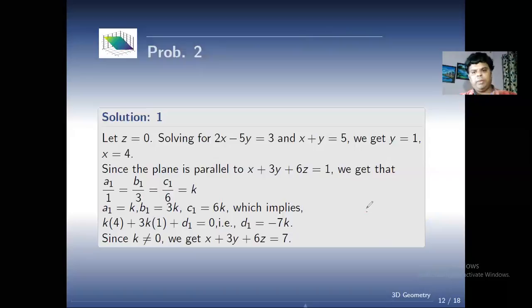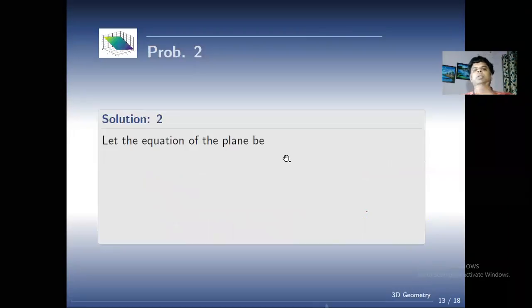Let's look at another way to do the same problem. Here is the second solution. Since I have the intersection of two planes, I have the first plane 2x minus 5y plus z minus 3. I have the second plane x plus y plus 4z minus 5.